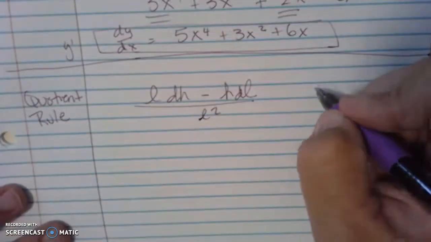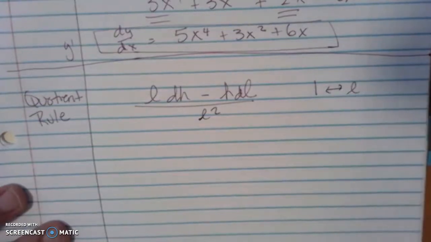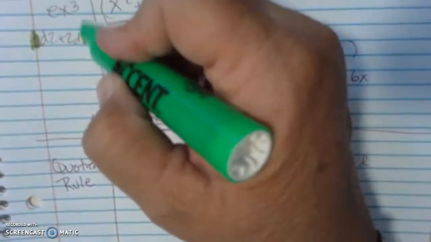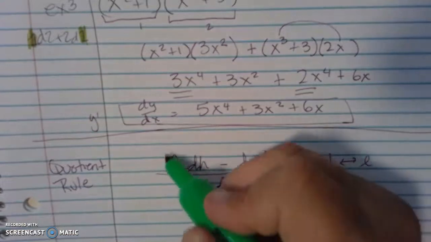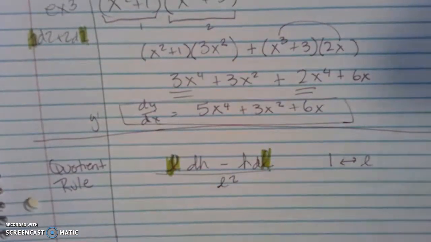So notice a 1 and an L, right? They kind of look the same. Now the reason I point that out is because in the product rule we had the 1's on the outside, right? It's the 1d2 plus 2d1. Okay? Now here we have the L's on the outside. It helps us to remember what's on the outside when setting up those equations.